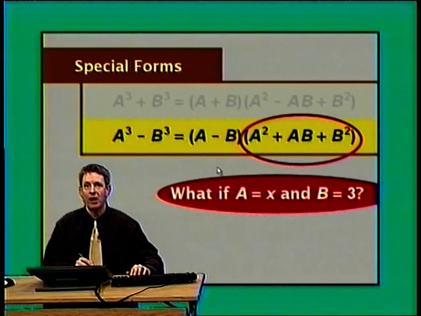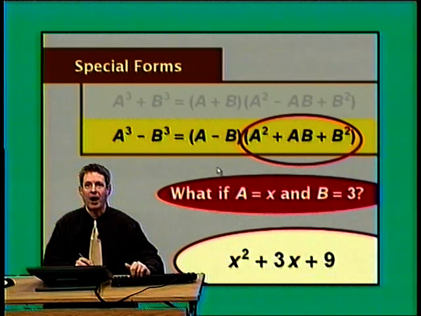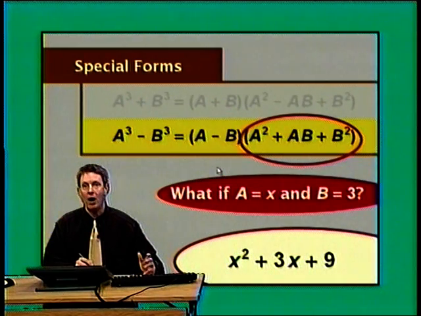The resultant trinomial would be x squared plus 3x plus 9. Does that factor? Are there a pair of integers that multiply to 9 and add to 3? Well, I don't think so. There's no way that we're going to get two integers that add to the weenie sum of 3 and multiply to the great big product of 9.